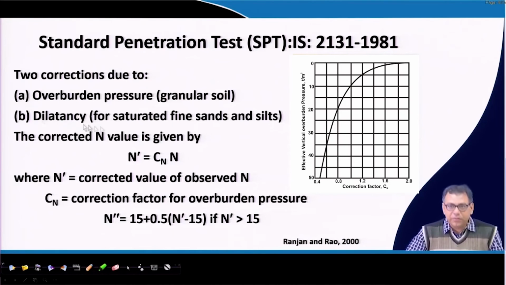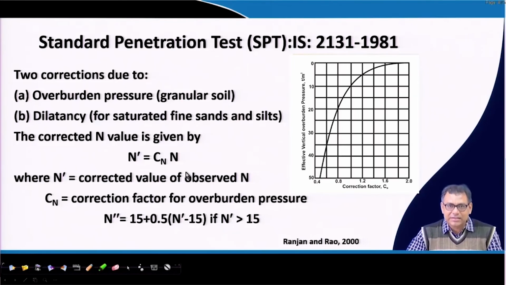And then we will go for the dilatancy correction. Dilatancy correction is applied for saturated, fine sand and silt. First we will apply the correction due to overburden, then I will get the N dash. Now, if this N dash is greater than 15 and the condition is saturated, fine sand and silt, then I will go for the dilatancy correction.